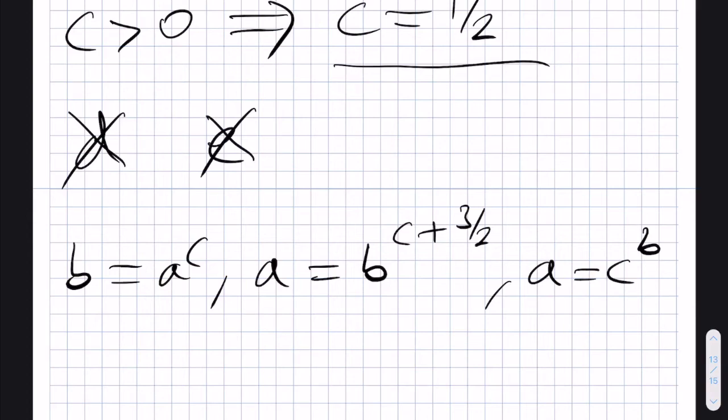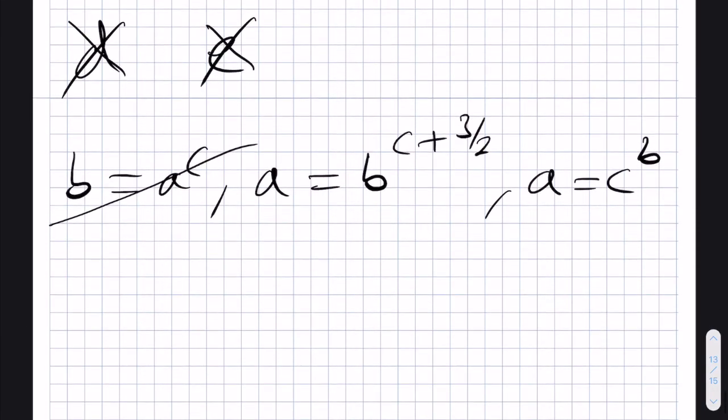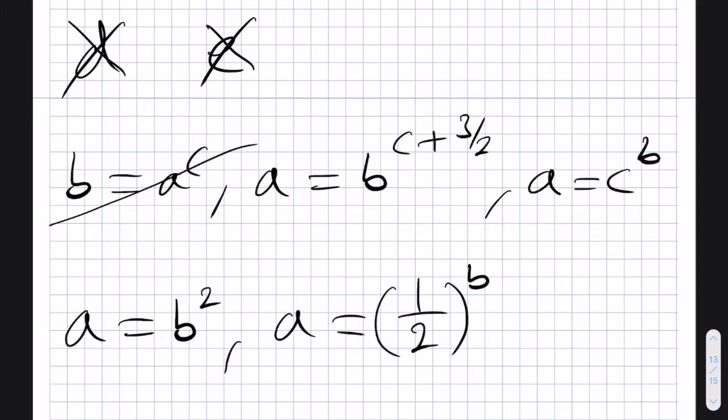And so we only need to consider one of these equations, and say we can get rid of that one there. Putting in the particular value of c that we found, i.e. 1/2, this gives us that a equals b squared from this equation here, and that a equals 1/2 to the power of b from this equation here.